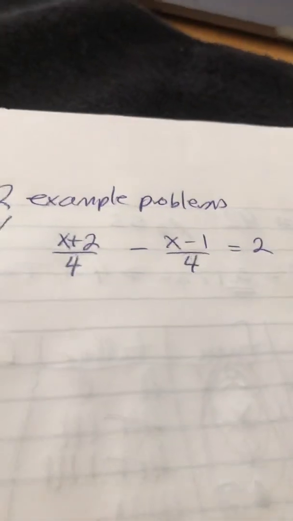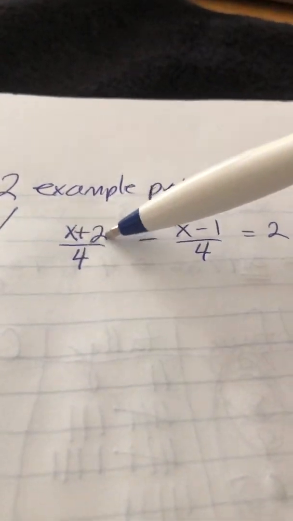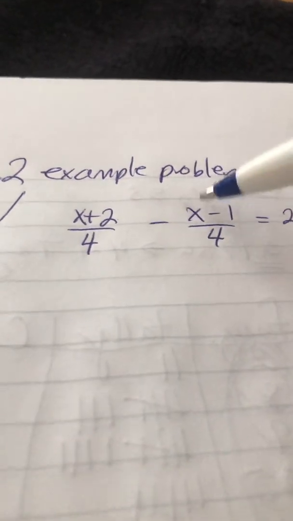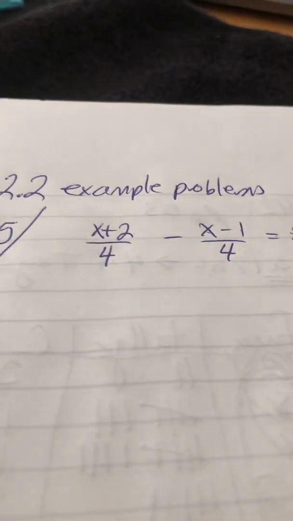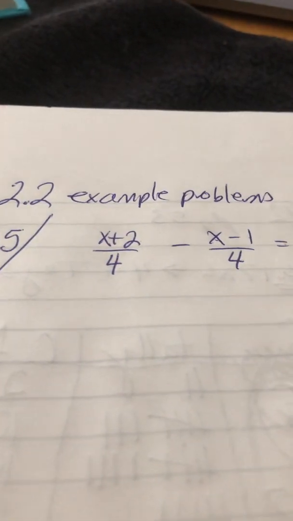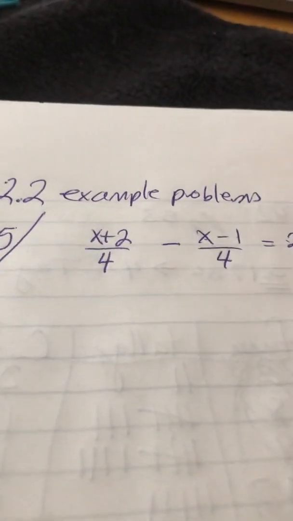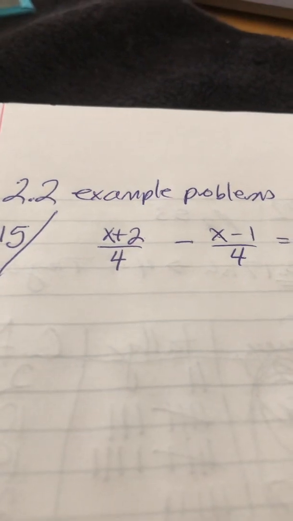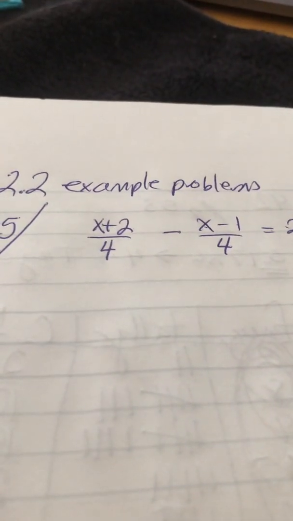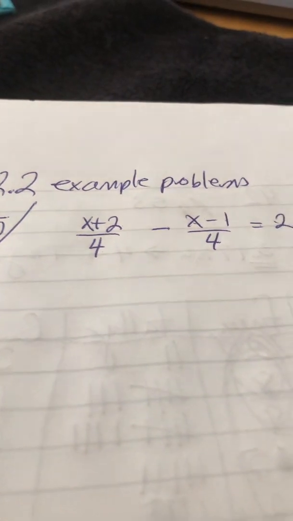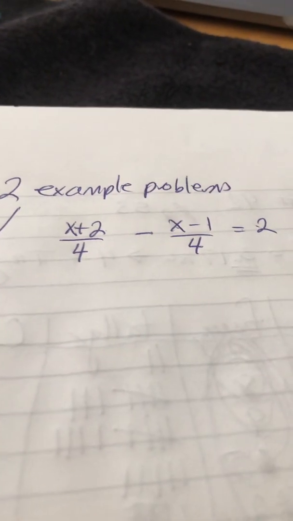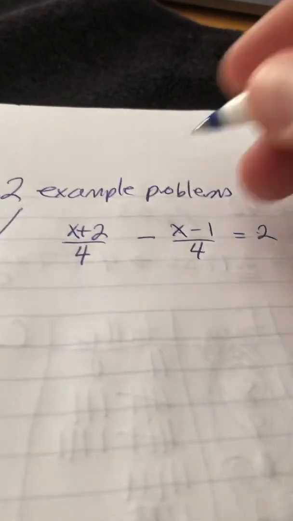The first problem reads, the quantity x plus 2 divided by 4 minus the quantity x minus 1 divided by 4 equals 2. The first thing that I'm going to do is deal with the fact that we have a subtraction. It's always a little bit difficult to remember this from my experience, so make sure that you catch that subtraction.